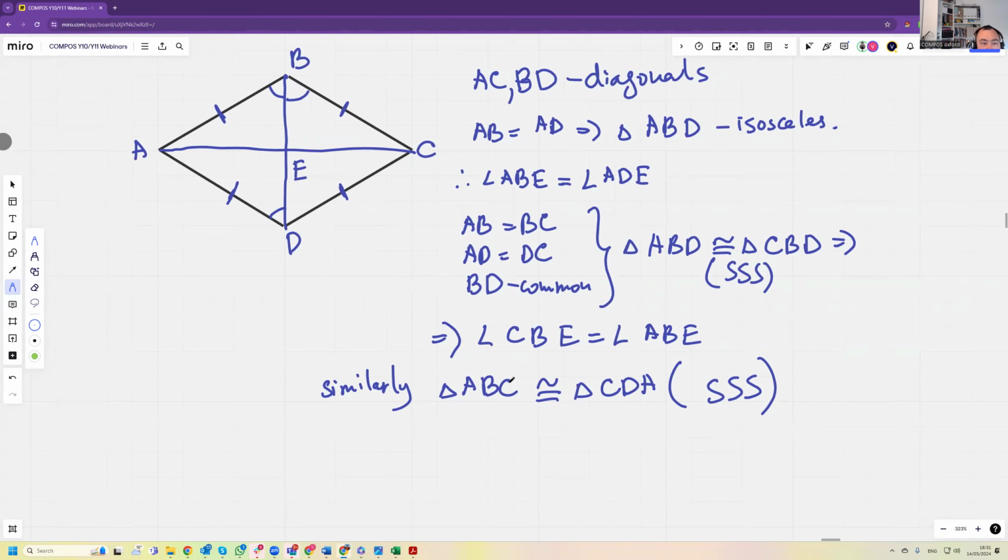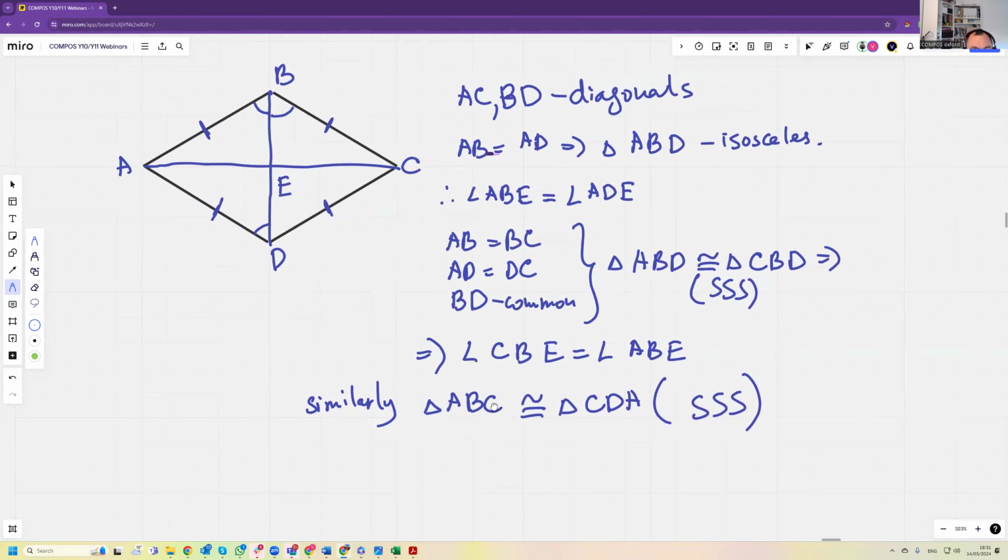And also, AB is equal to BC. Therefore, triangle ABC is isosceles.